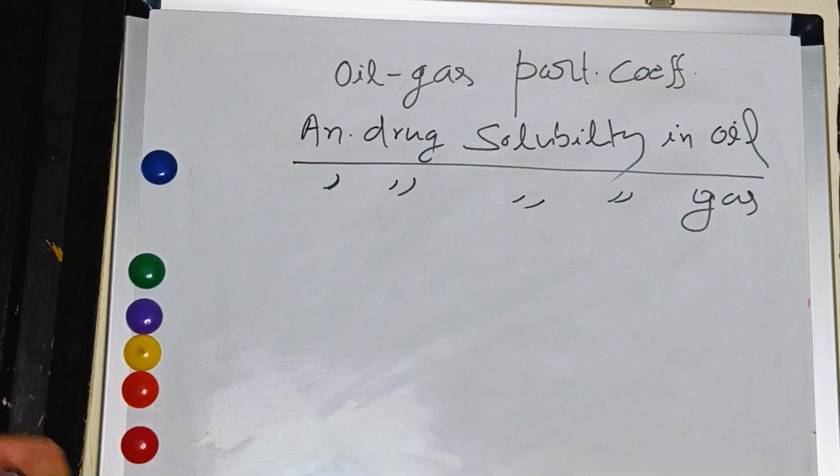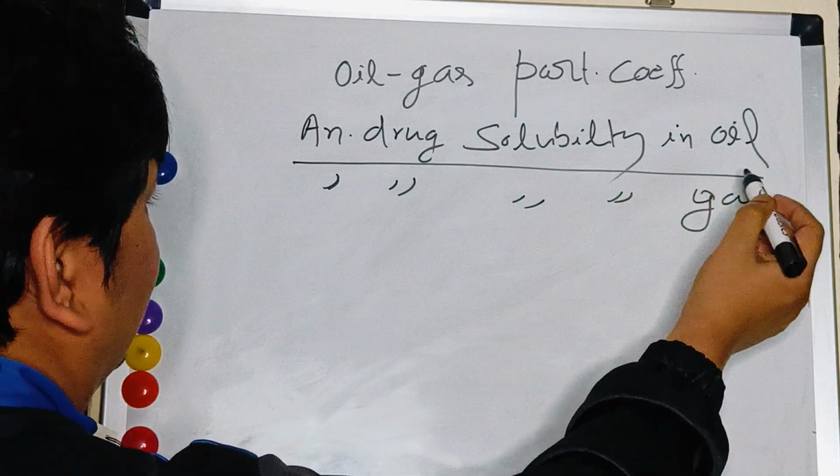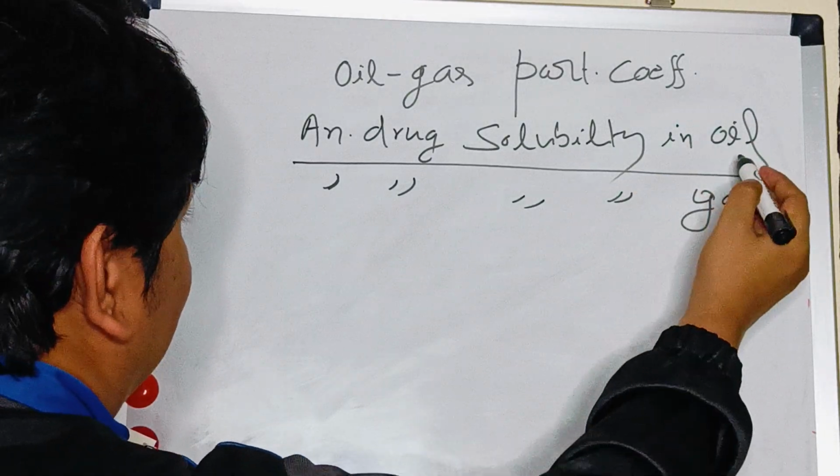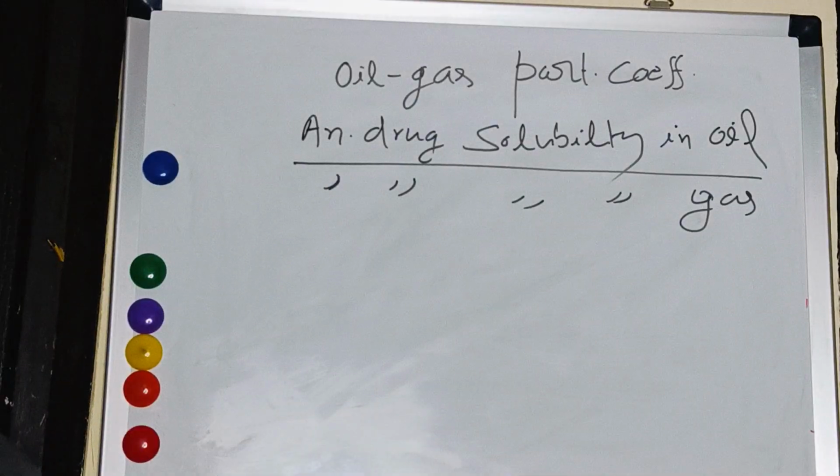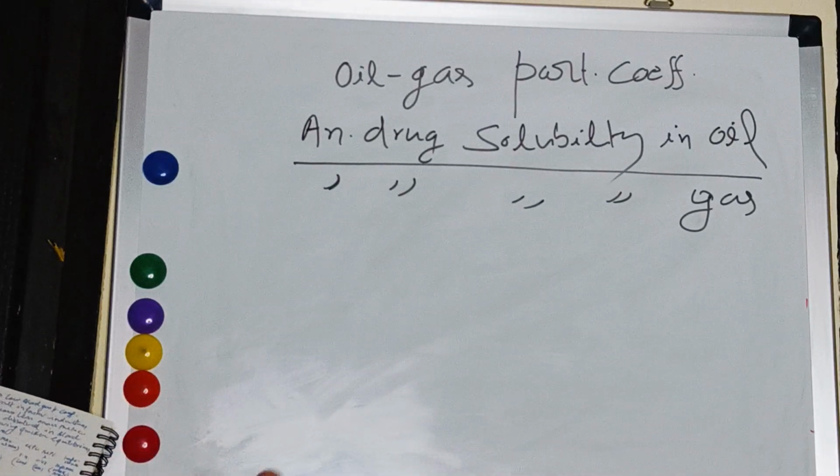The oil is a surrogate marker of tissue like brain. So we can consider oil a lipid rich tissue like brain.